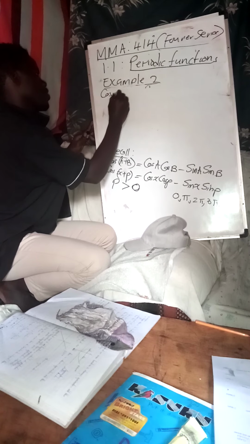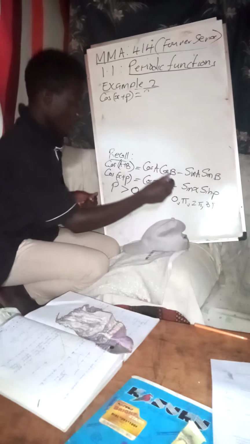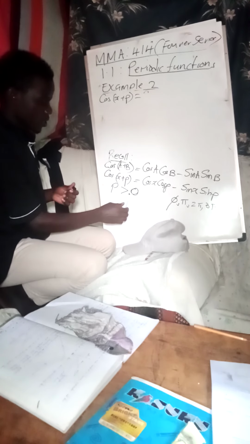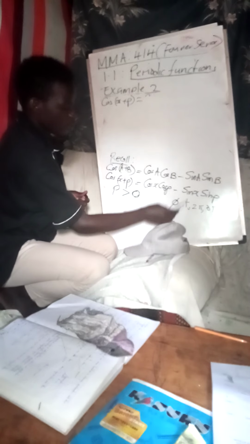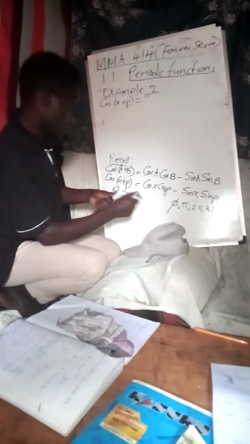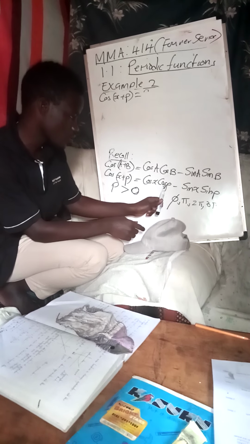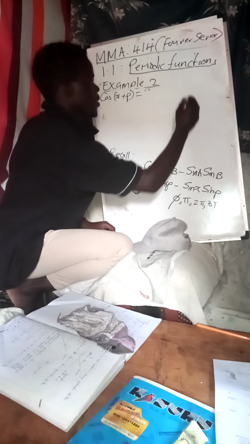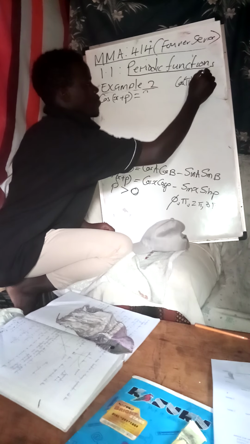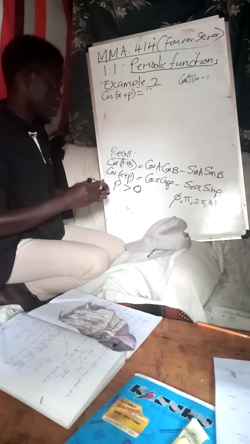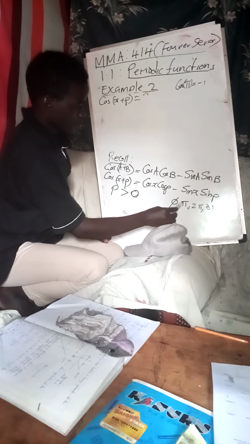So cos of x plus p equals, let's take 0 cannot apply because 0 is not included in our period. So we shall begin with pi. If we substitute it here, cos x times cos pi. Remember that cos of pi equals -1.